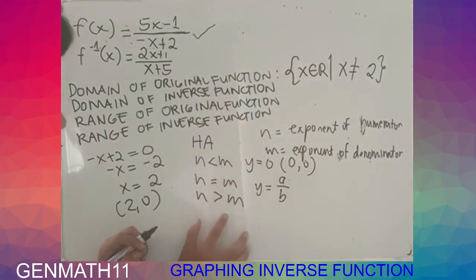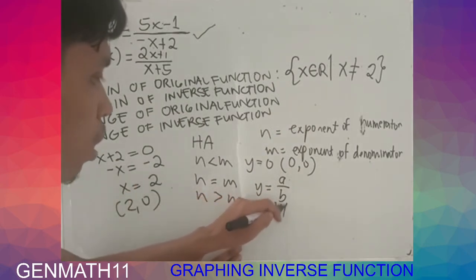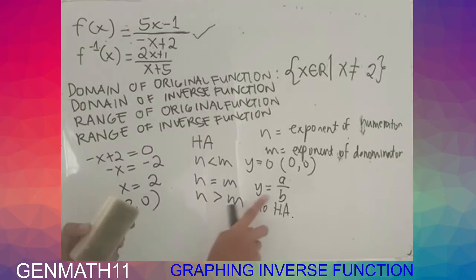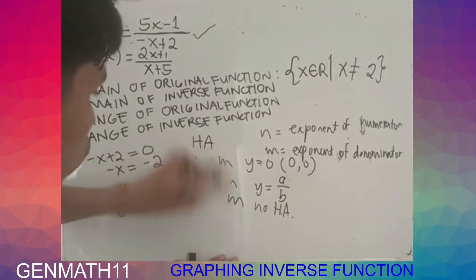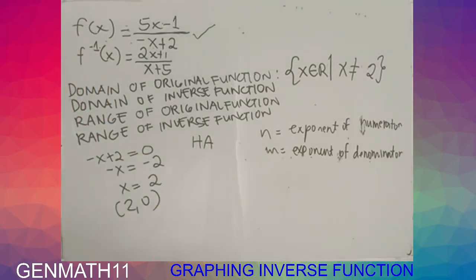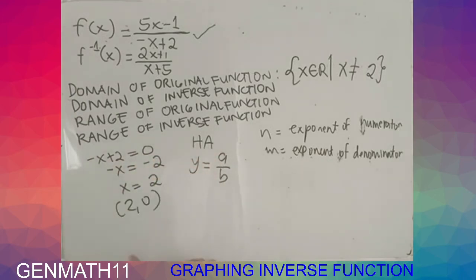When n is greater than m, there will be no horizontal asymptote. So, our case is y equals a over b. So, we'll just substitute. The formula is y equals a over b.